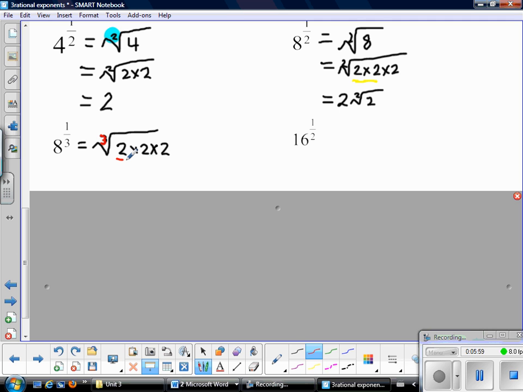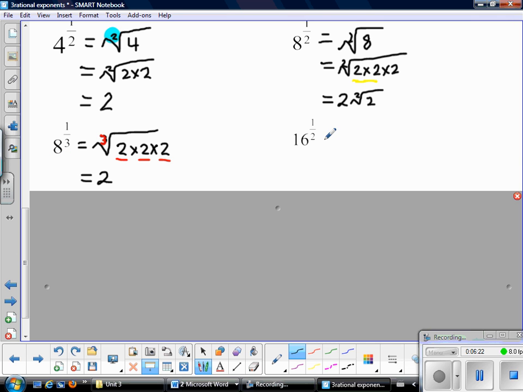So I have 1, 2, 3, and I have nothing else left here. So there's nothing going to be underneath the new root sign. So that is the answer of 2. In fact, 8 is a perfect cubed root. Okay, so just like 4 is a perfect square root, 8 is a perfect cubed root.